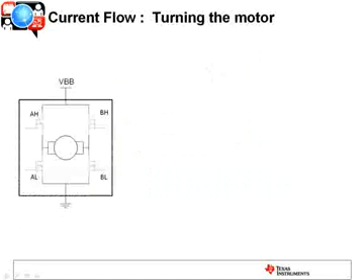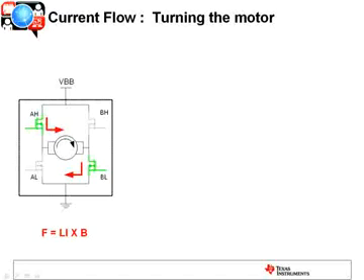Okay. Let's take a look now at an actual H-bridge flowing current to turn the motor. In this example here, we've got the H-bridge connected to the supply, but all 4 FETs are turned off. As we turn on the high and low side, opposite sides of the leg, current begins to flow.